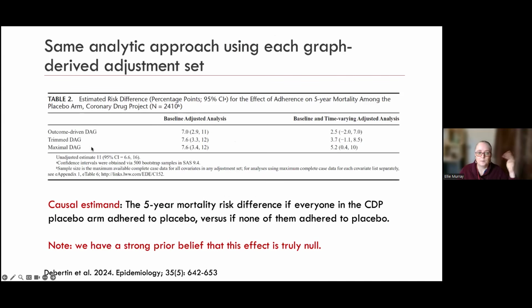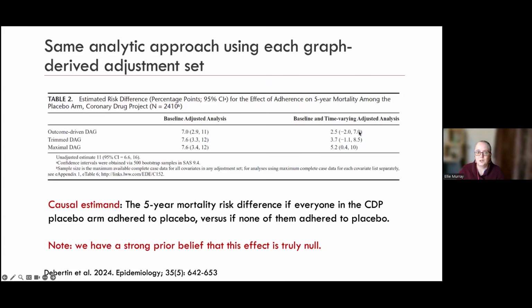Basically, what we found when we did that, you can see here, we've got the 3 types of DAGs. The baseline adjusted analyses is just adjusting for baseline covariates that were identified. And we can see that it essentially doesn't really matter. For reference, the unadjusted estimate here is an 11 percentage point difference in 5-year mortality, which is obviously more than taking a placebo pill could do anything about.